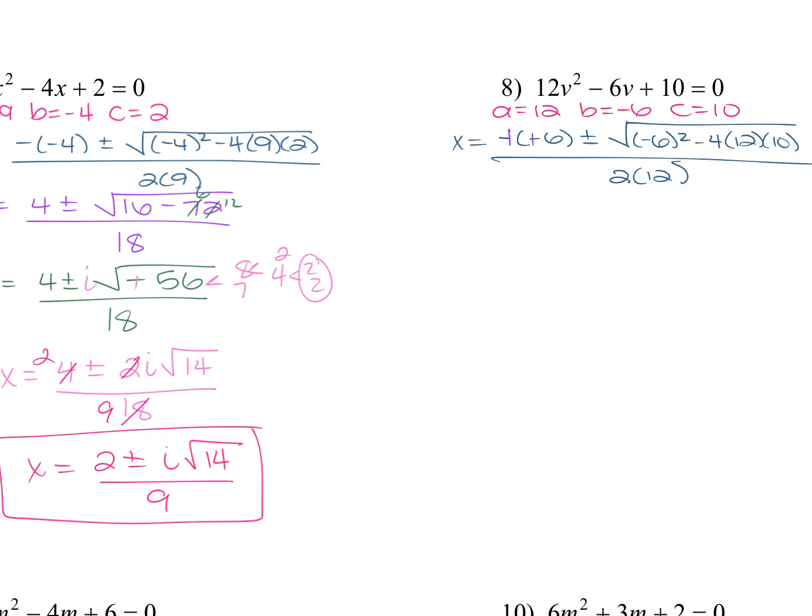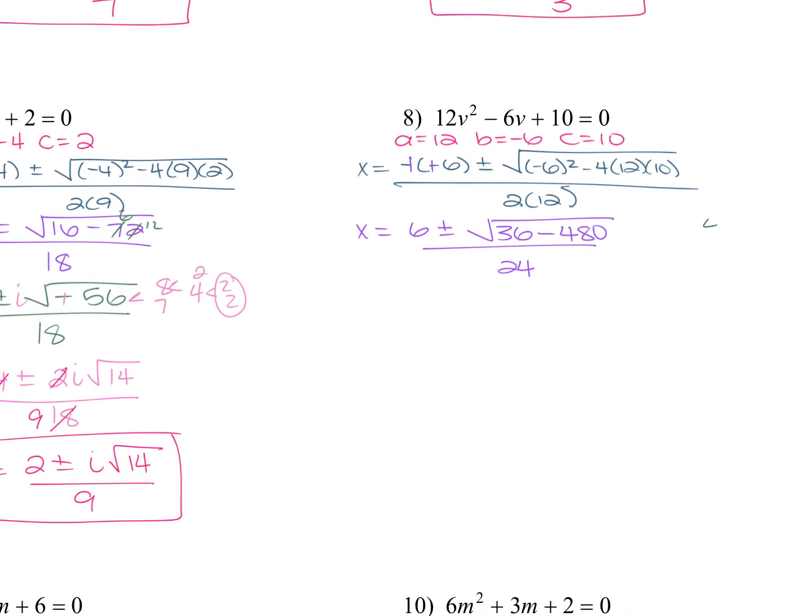So if we simplify this, we have 6 plus or minus the square root of 36 minus 480 all over 24.